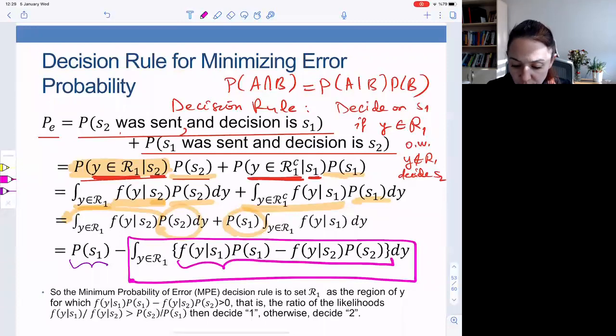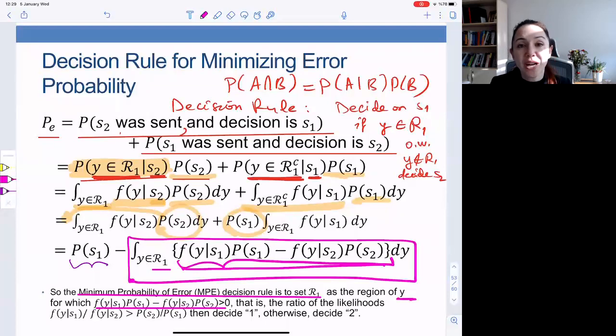Well, the minimum probability of error decision rule is to choose the region R1 as the region of values of y for which the inside of this integral is always positive, because that will then maximize the value of the integral and it will minimize P_E.